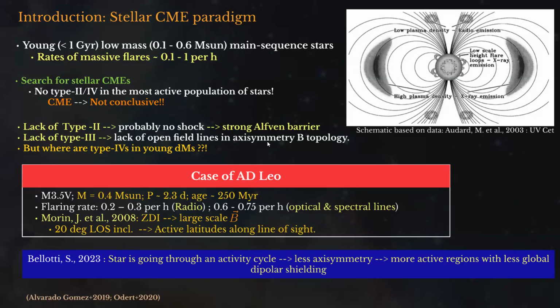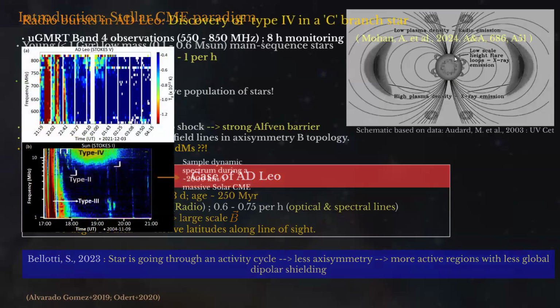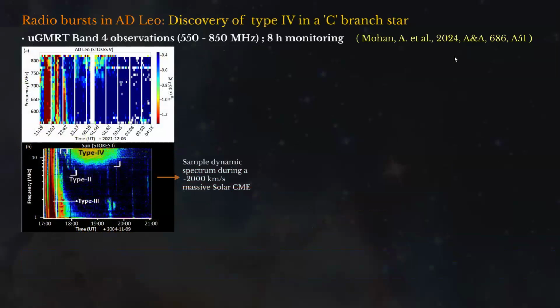And since you are already looking at this top region, when the magnetic field shielding becomes weak, you can also have interhemispheric connection possibilities with the polar field, right? So we thought this could be a good candidate and we targeted it. And yes, we got the first type 4 radio burst in a non-solar type star.